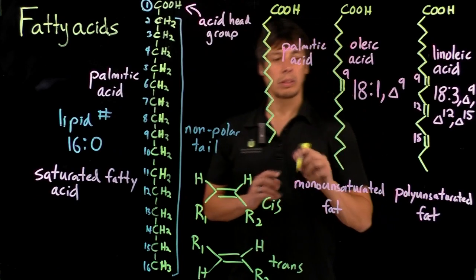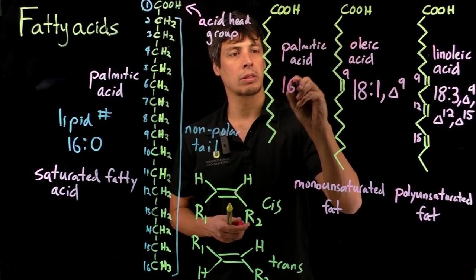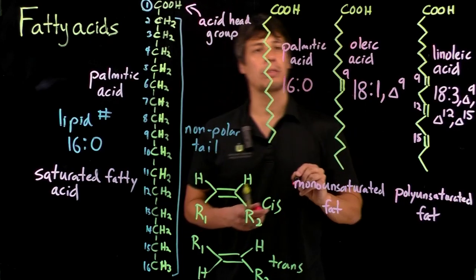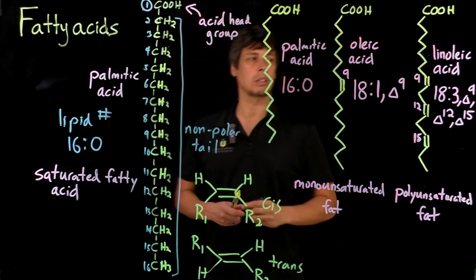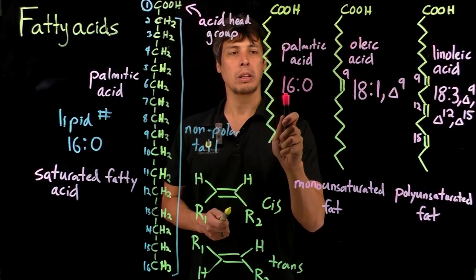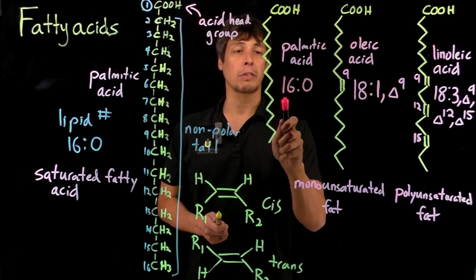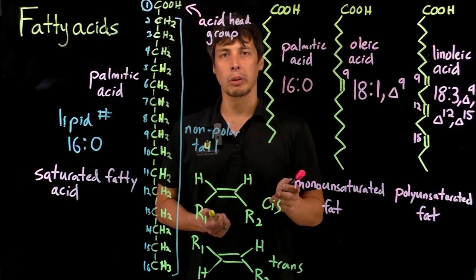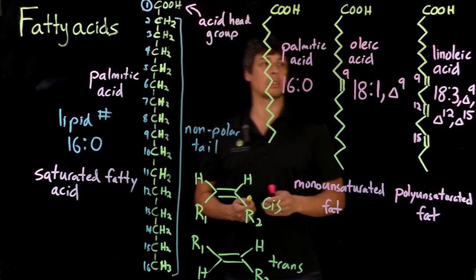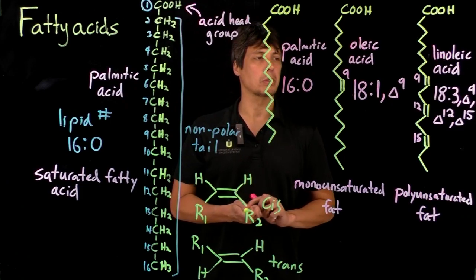The other thing you tend to see for fatty acids is, for instance, just for reference, the palmitic acid lipid number is 16,0. Fatty acids in general tend to have an even number of carbons, and that's because of the way they're biosynthesized, which is outside of the scope of this course, but is very important in biochemistry too.